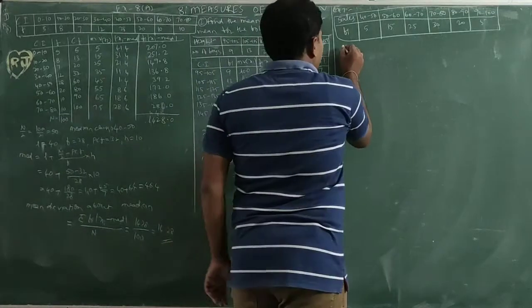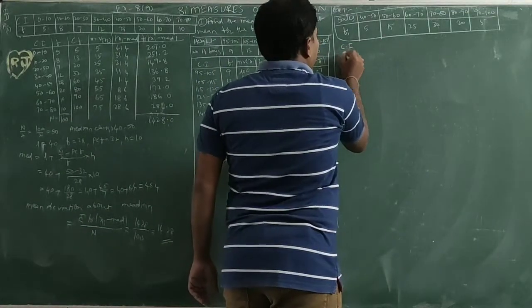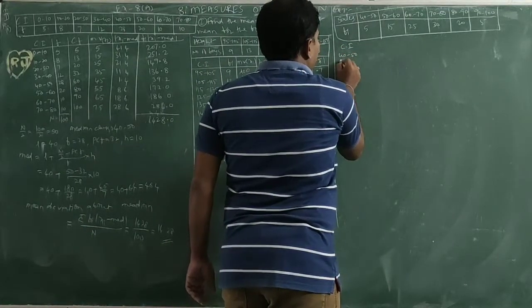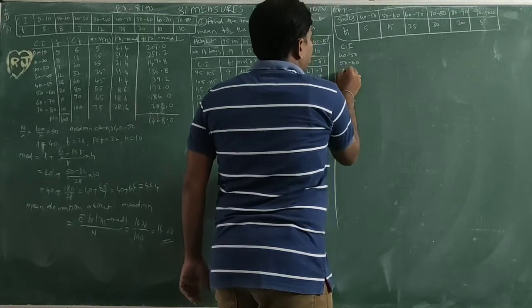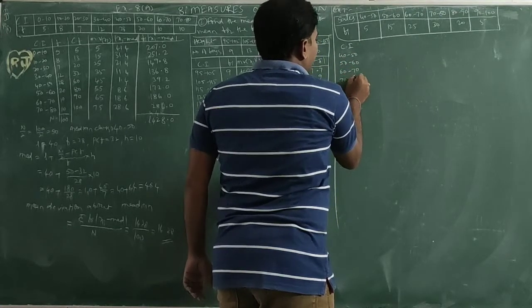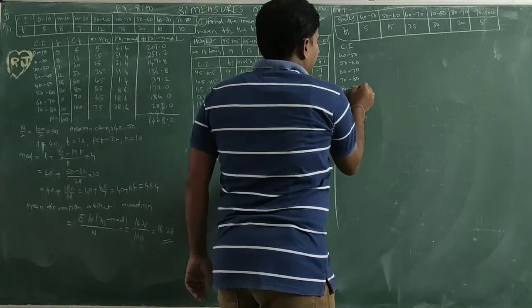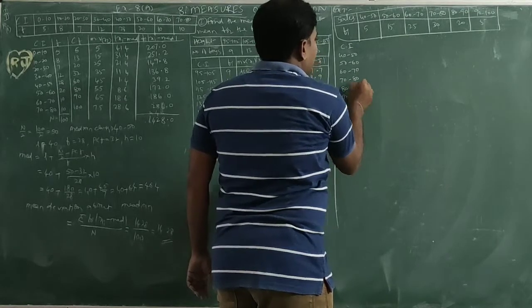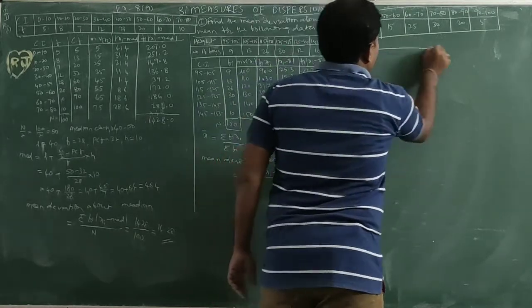First, the sales class intervals: 40 to 50, 50 to 60, 60 to 70, 70 to 80, 80 to 90, 90 to 100. So these are the class intervals.